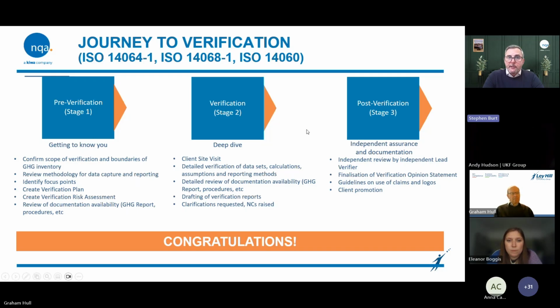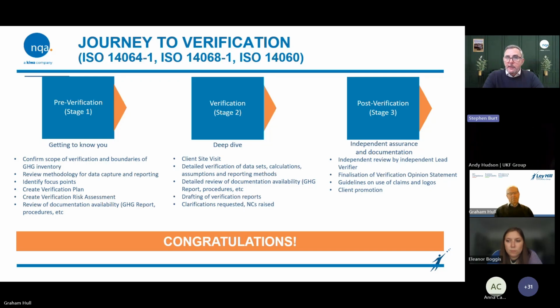The difference with verification is, if you think about when we talked about certification for a management system, we certify the management system, we certify that it's implemented, we certify that it's being maintained and being improved, and we certify it for a 3-year period at a time. So very often, you know, we're looking at current timelines and future timelines. Verification is actually looking back in time. It's a retrospective look.